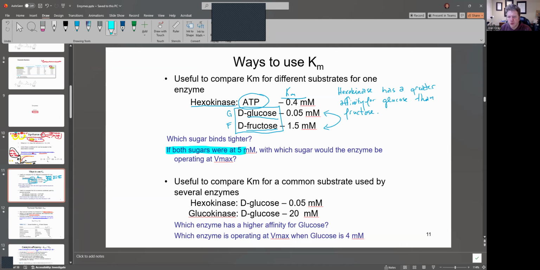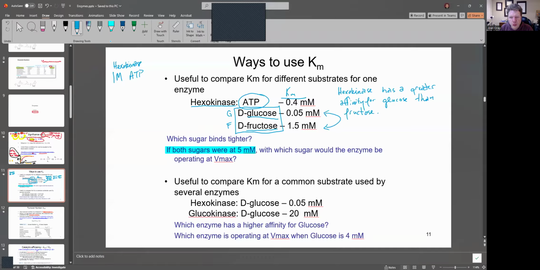If both sugars were at 5 millimolar, but for this, what I'm going to do is I want you to think about it this way. You've got hexokinase, and you feed hexokinase, let's just say you give it 1 molar ATP, an excess, a huge amount of ATP.